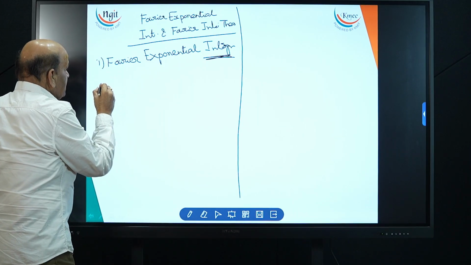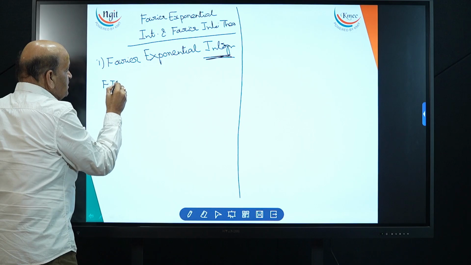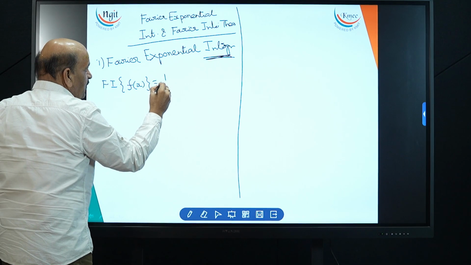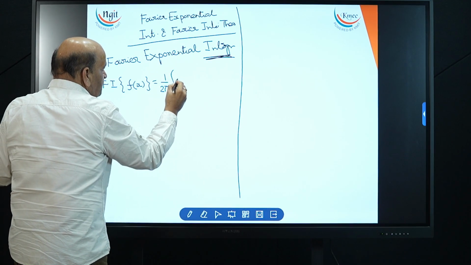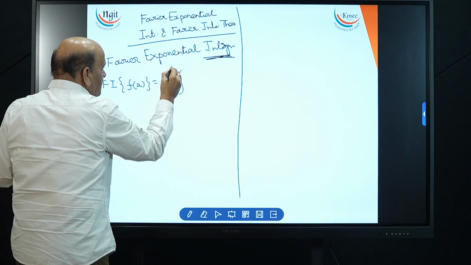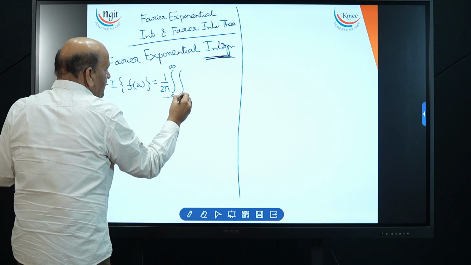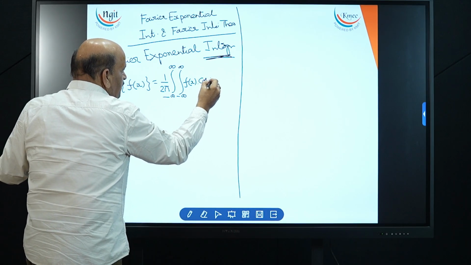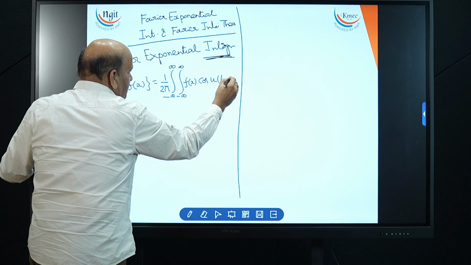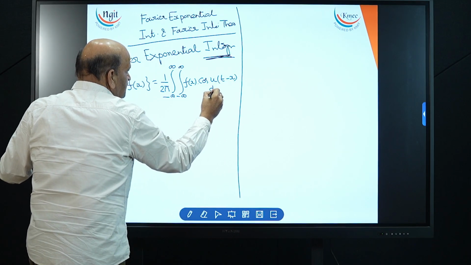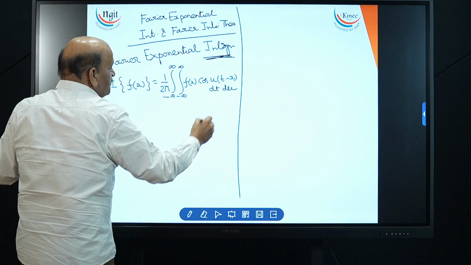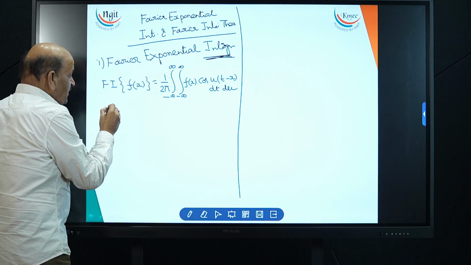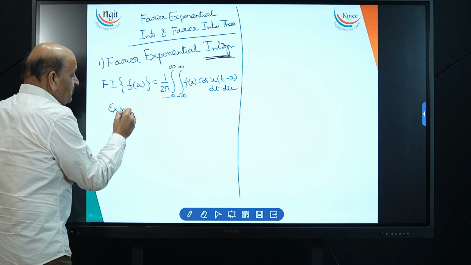Now the Fourier integral of any signal is equal to 1 by 2 pi, integral from minus infinity to infinity, integral from minus infinity to infinity, f of x into cos u of t minus x, dt du. Got it?